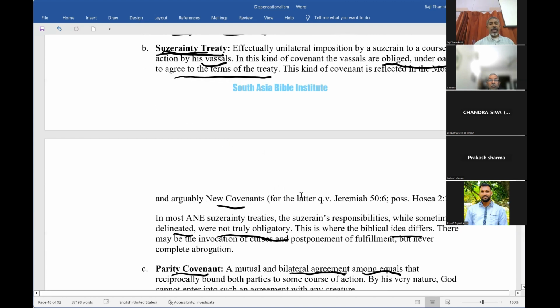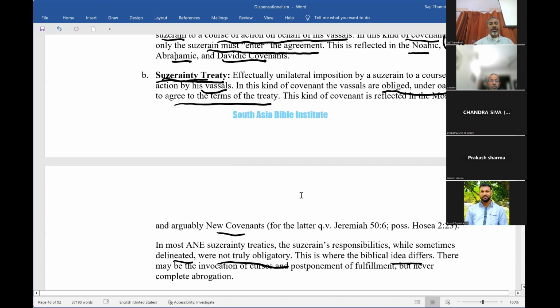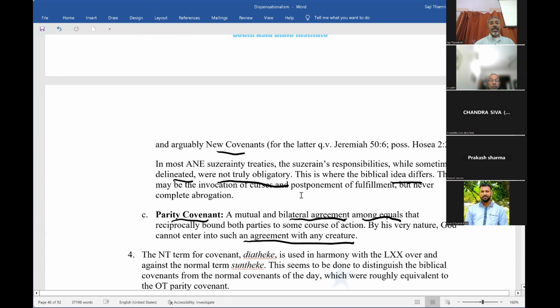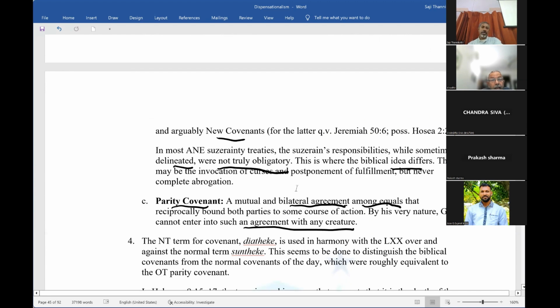Second, some of the covenants can be called suzerain treaties, right? But it is not really like ancient Near Eastern suzerainty, because God always said, this is what you have to do. And God always made sure, this is what I am going to do. So that is the difference in God making a covenant.